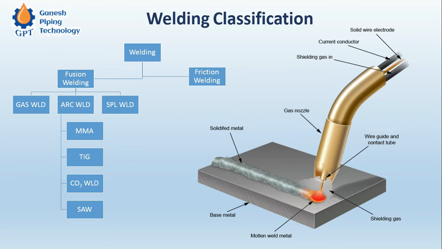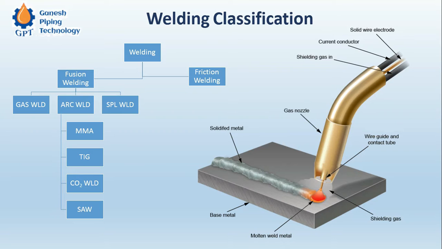Then comes the TIG, tungsten inert gas welding, which is also called argon welding. This welding is a kind of special welding because it is basically applicable for thinner components. Like if we are trying to weld pipes which are extremely thin, like say 2 mm, 3 mm, by MMA it is not feasible.